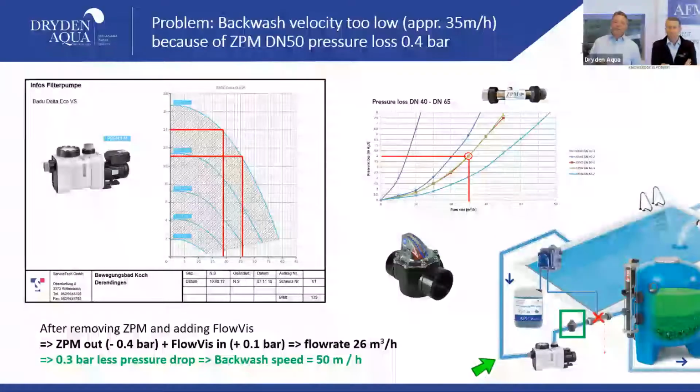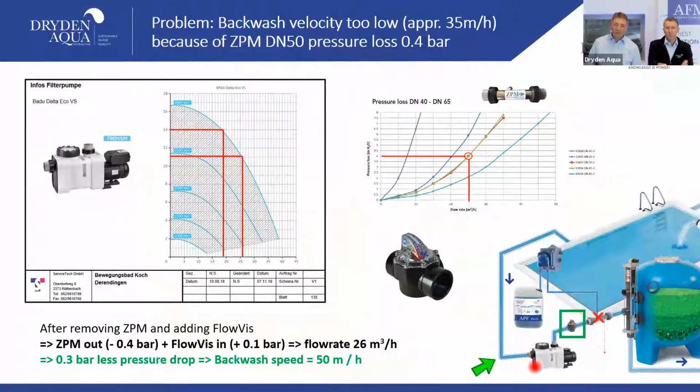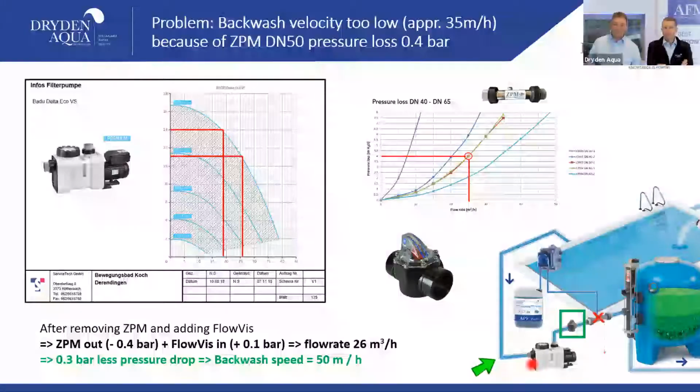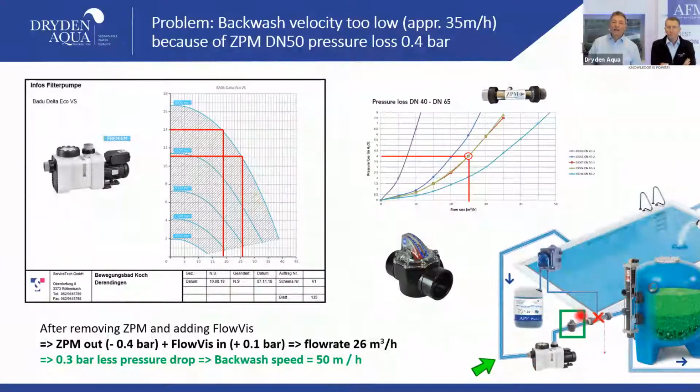So we made the decision, okay, Nicole, you take the CPM out, you dose the APF in the future in front of the pump here in the drainage screw, and you add a Flowys. So that means minus 400 millibar, plus 100 millibar.